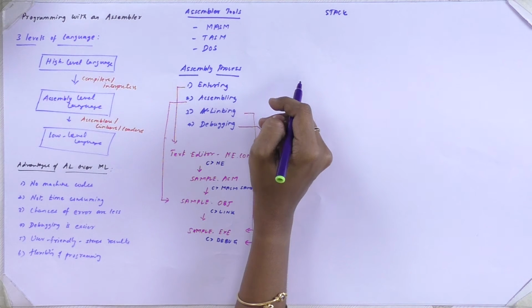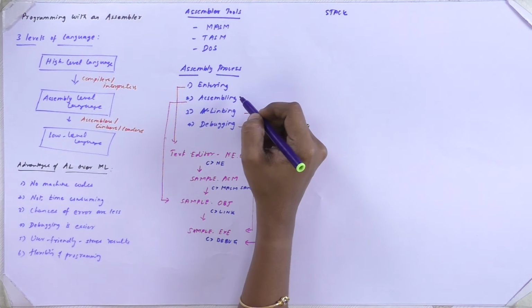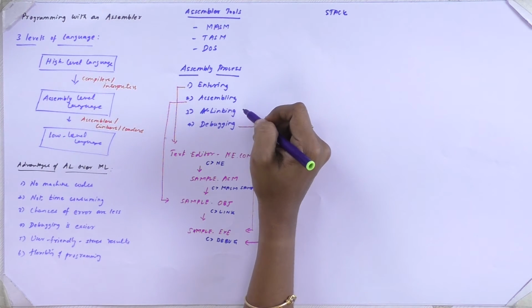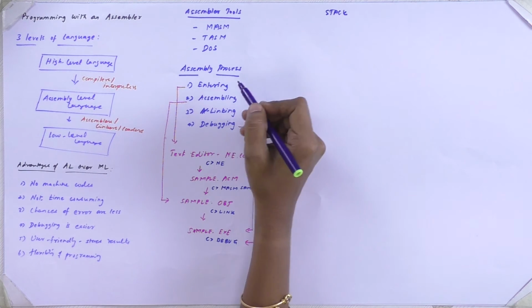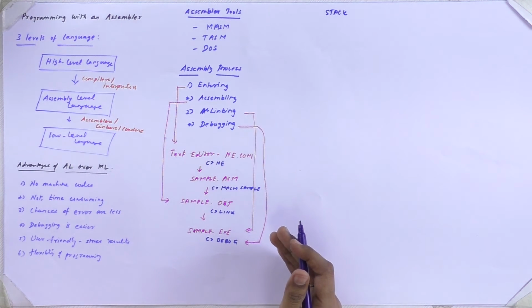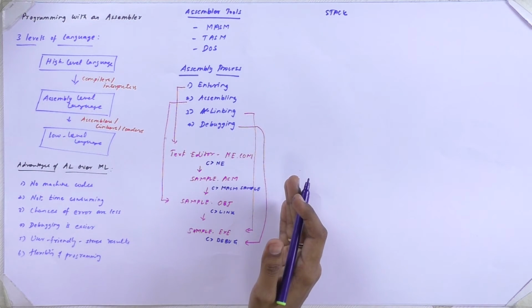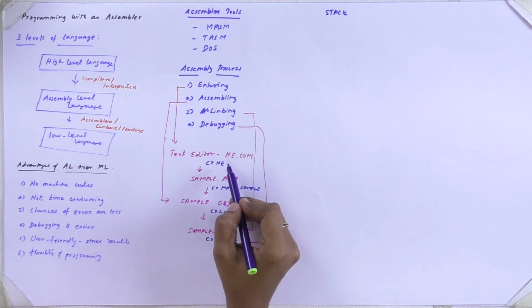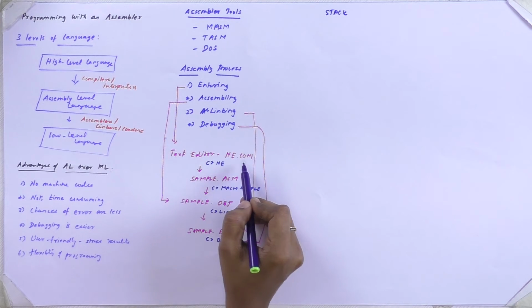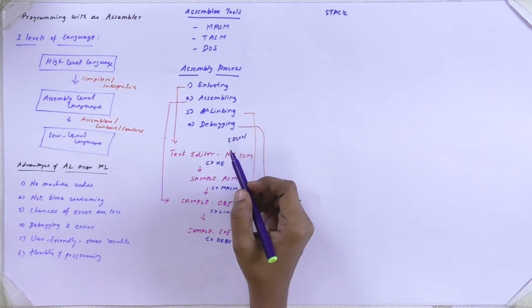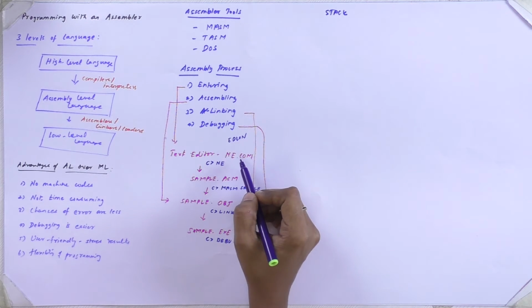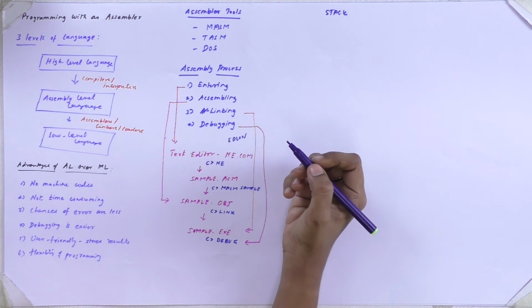There are certain steps: entering the program, assembling the program, linking the program and debugging the program. Entering the program means you write the program listing, that is the program code, in the editor. There are lots of text editors available, such as NE, Norton's editor, then Edlin and so on.